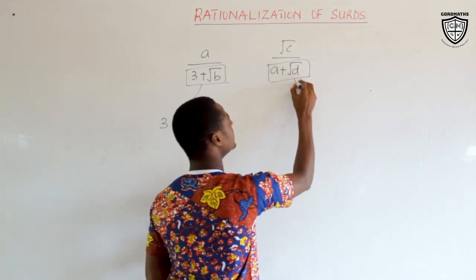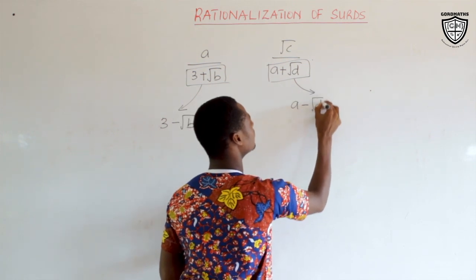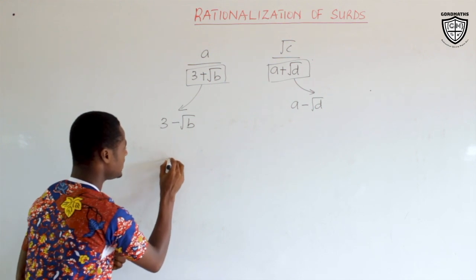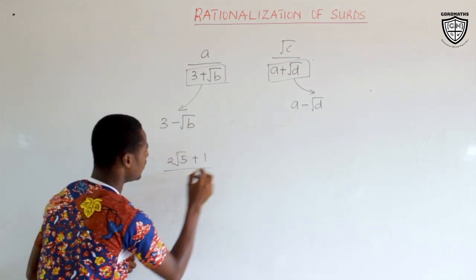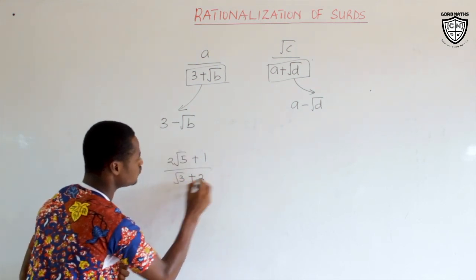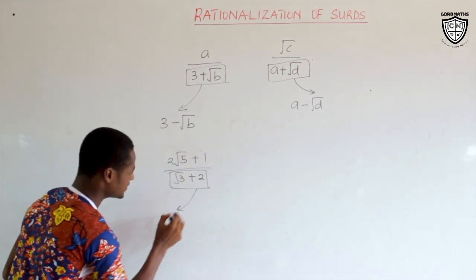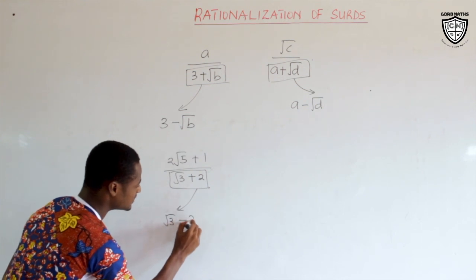And then the conjugate for this one is a minus square root of d. If we consider another example, say 2 root 5 plus 1, all divided by square root 3 plus 2, then the conjugate for this denominator is square root of 3 minus 2.